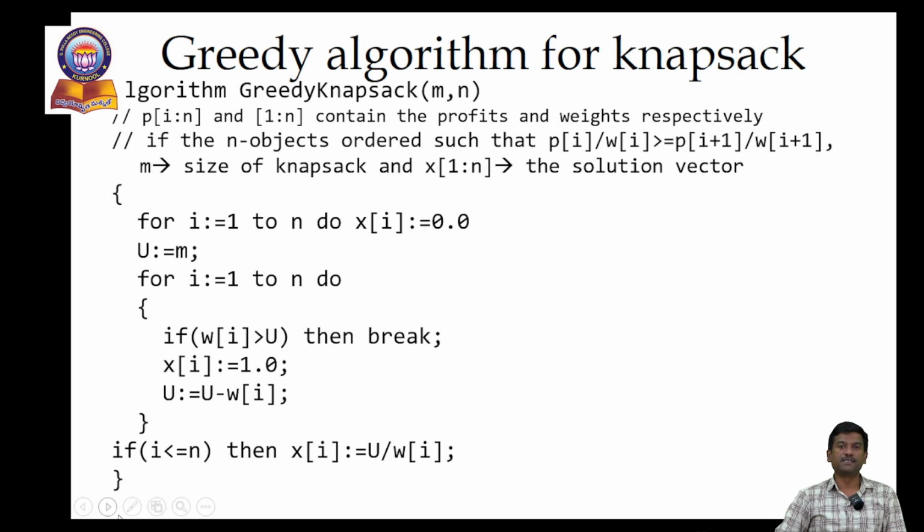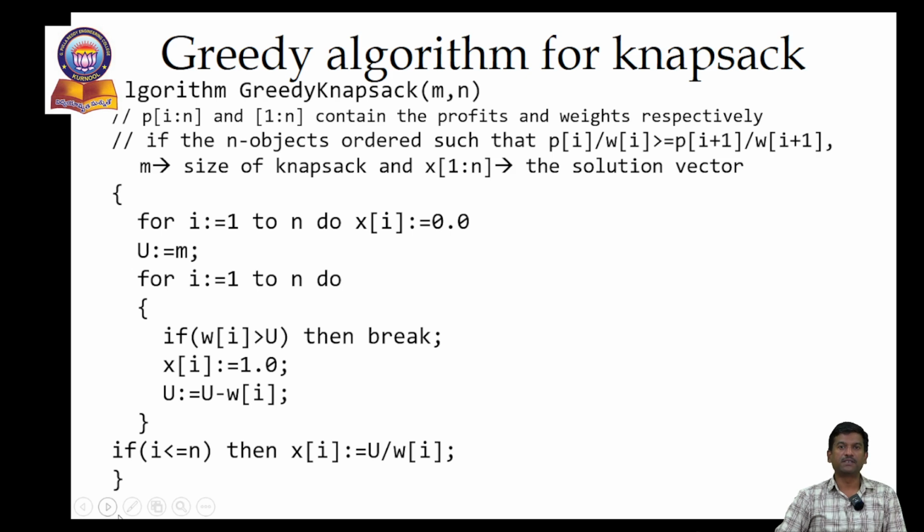So if it exceeds the knapsack capacity by adding the item, then break, come out of the loop and find what portion of your item is to be included to solve this problem.